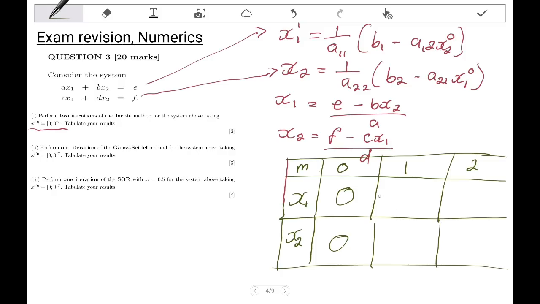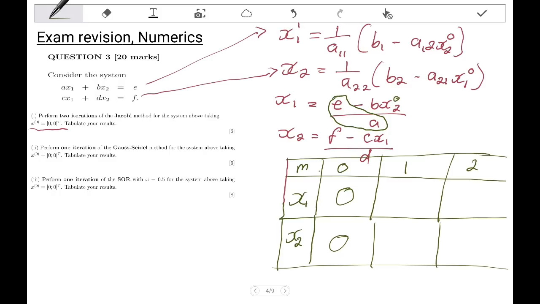Then we move on to the first iteration. For the first iteration, we come to this equation here and substitute x2 initial, x2 of 0. If you substitute 0 here, b multiplied by 0 is going to be 0, and you are going to be left with e over a.